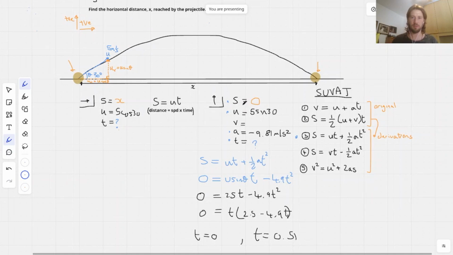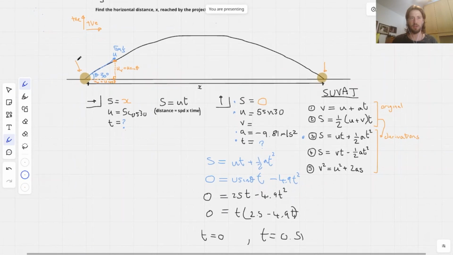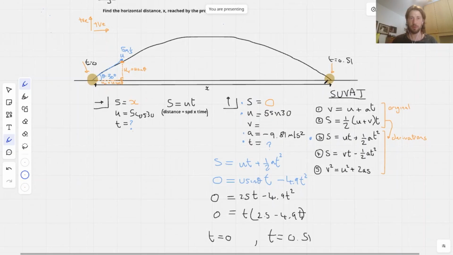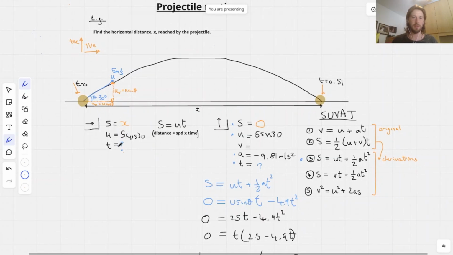So s being 0 is a condition which is met at the beginning and the end. So t equals 0 is this solution, and t equals 0.51 is that solution. So of course, the time taken that we're going to use in our horizontal equation is going to be t equals 0.51.